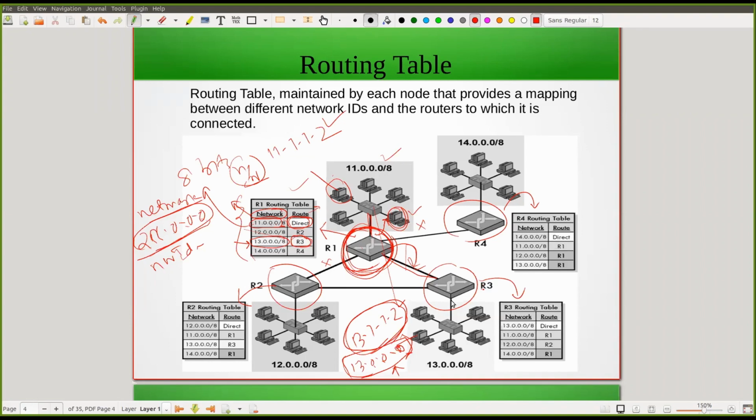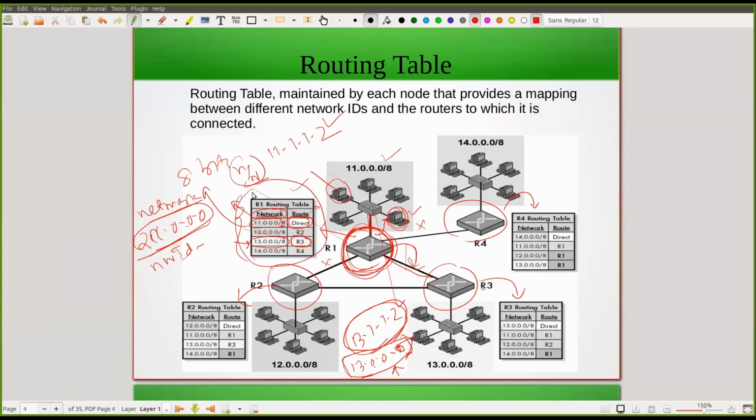Is it clear to everybody what the most important information present in the routing table is, and how the router uses this information to decide which interface the packet is supposed to be delivered to, for correct delivery of the packet? Once we understand this, the next question comes: who is going to build this routing table?